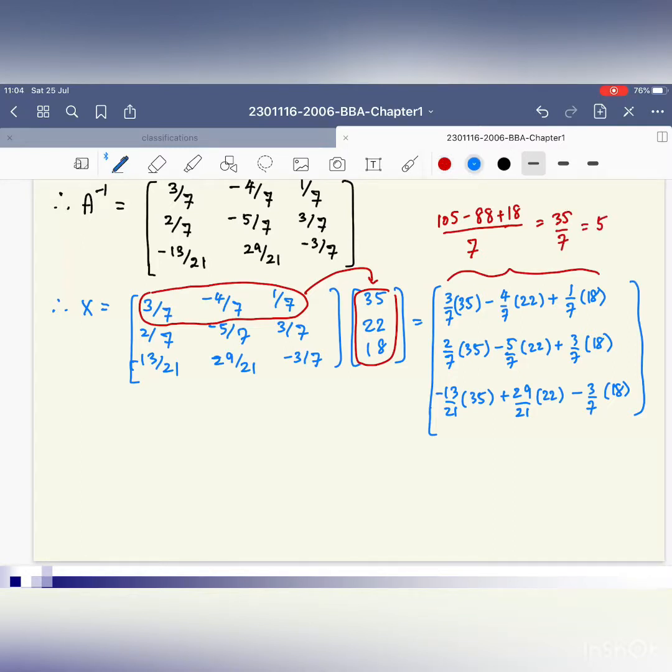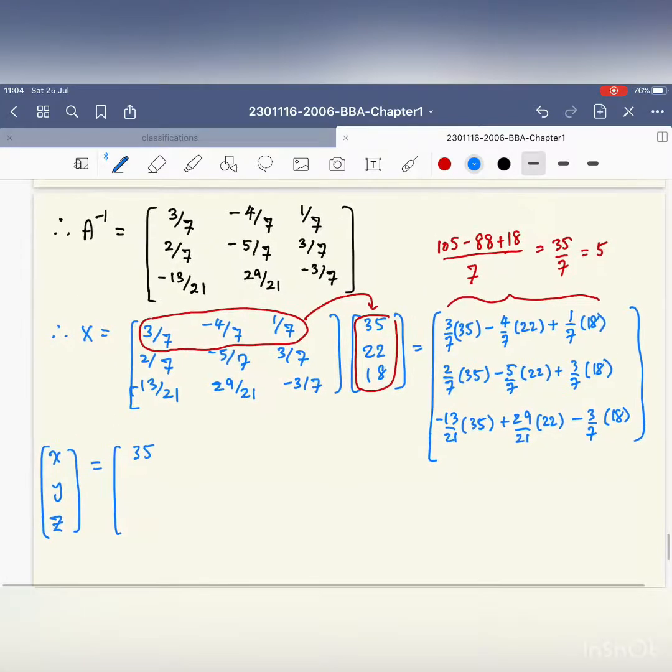So it means that your first folio, the folio A, is 35 of them. How about your second one?